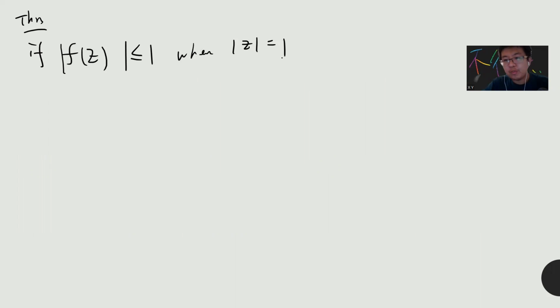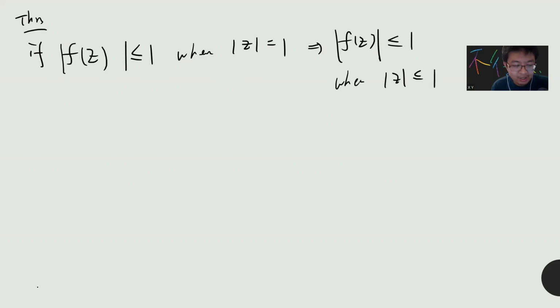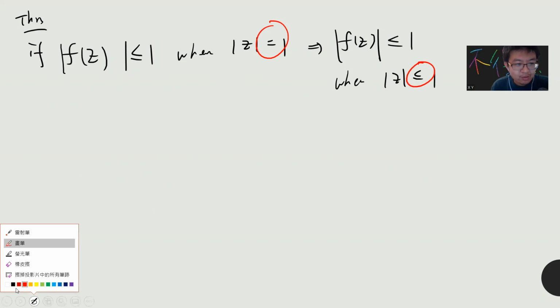That means you have a bound on the boundary of the unit disk, then you will have |f(z)|, by the maximum modulus theorem, since the maximum can only happen on the boundary, less than 1 when |z| is less than or equal to 1. Okay, so this is a trick: you start from here, change here.